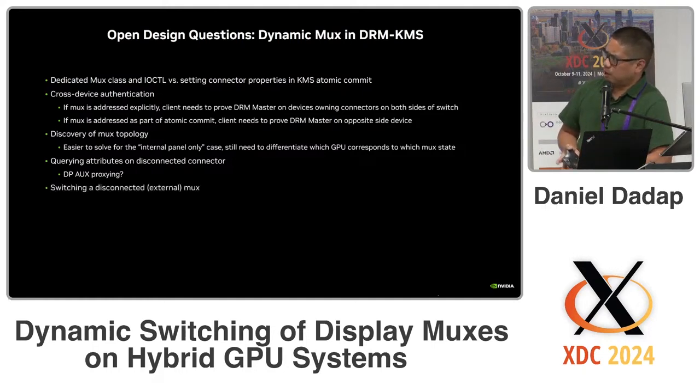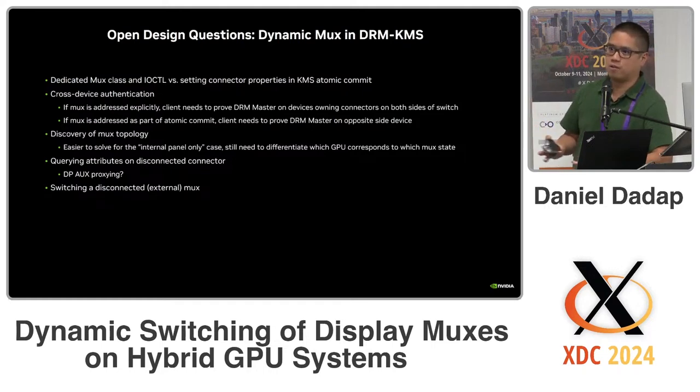And another open design question is how to switch a mux that isn't connected to any panels yet at all. So for an external mux, for example, you may want to switch it, and this would really only make sense for an explicit switch. And I should say too that explicit mux switches are really the only kind of switch that makes sense for external panels anyway, because with an external panel, you don't have control over things like how long the panel takes to recover from mode set.